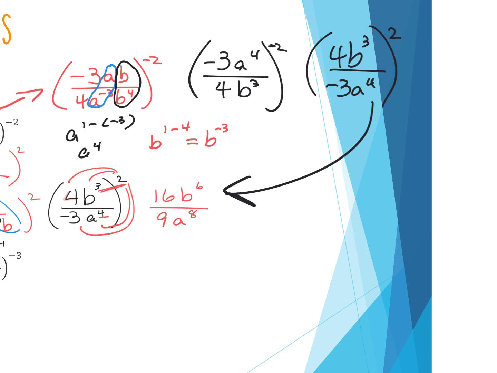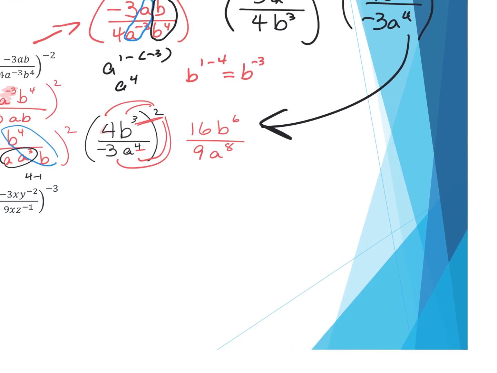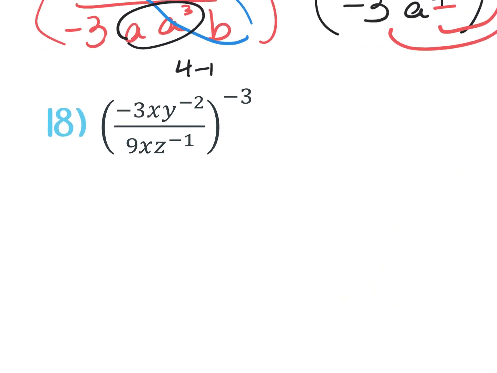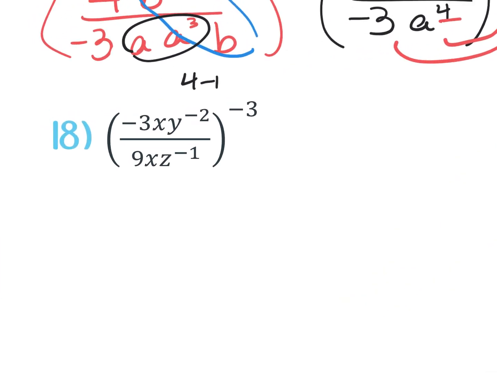We can do the same thing on 18. For 18, I'm going to go ahead and simplify just like I just did. I'm going to take care of my x's first. Now notice this one. Remember, anything divided by itself is just 1. So this becomes a 1. Now, there's no y's to subtract and no z's.